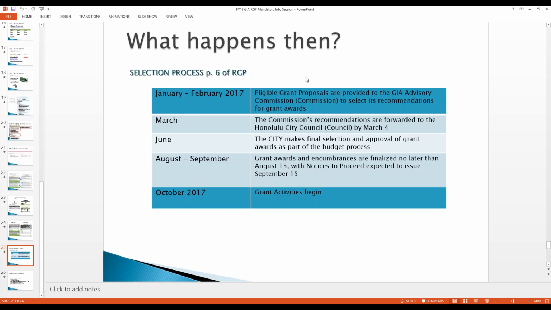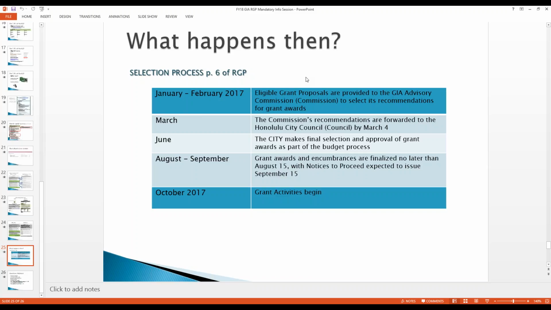They may also ask you questions about the application, and they may want to clarify something. It's your opportunity. It's not mandatory, but it's highly recommended by the Grants in Aid Commission.